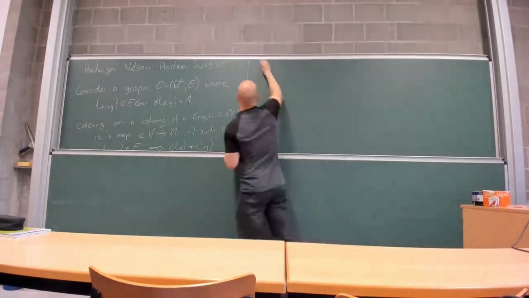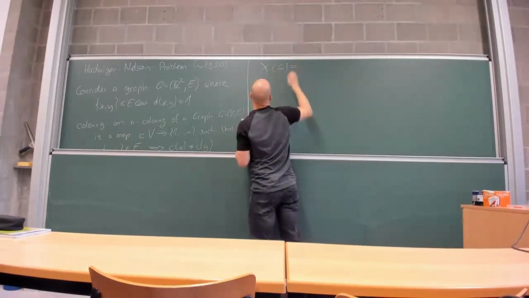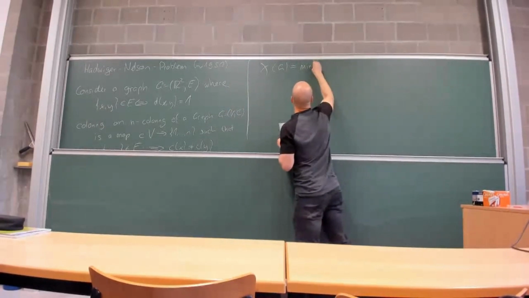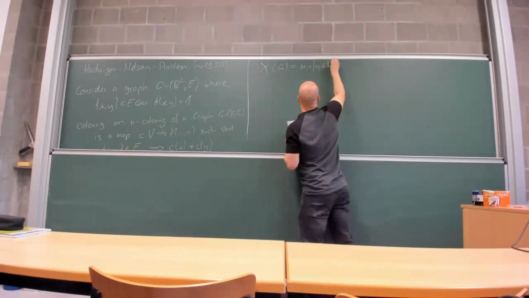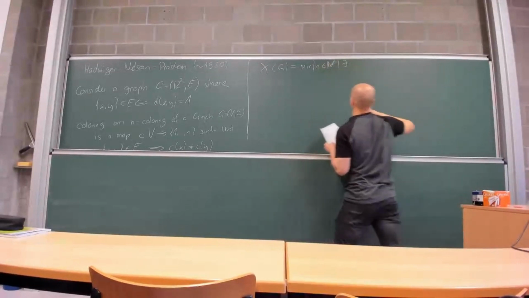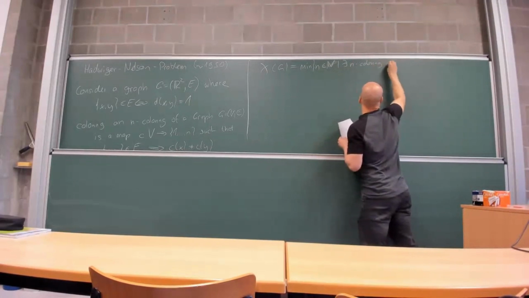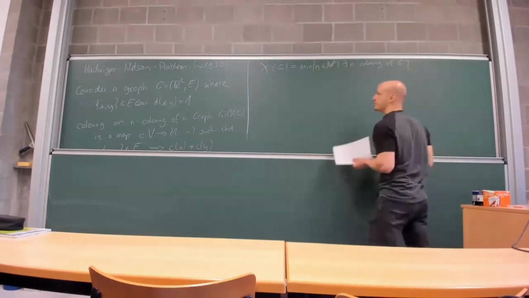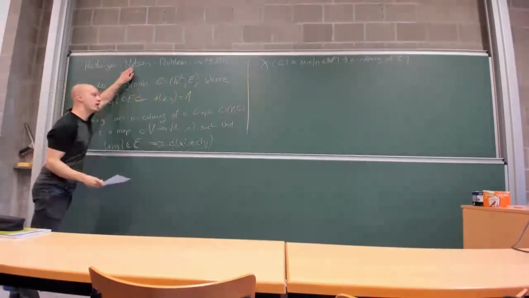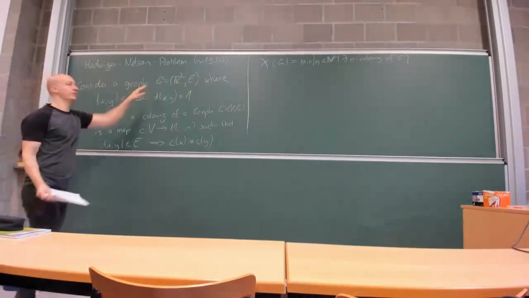There's a graph invariant, the chromatic number, chi of G. This is just the minimal natural number n such that there exists an n-coloring of G. And so the Hadwiger-Nelson problem is now, what is the chromatic number of this graph over here?